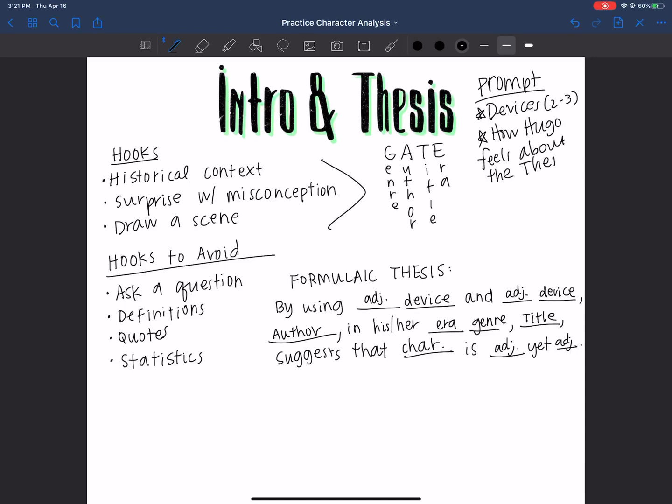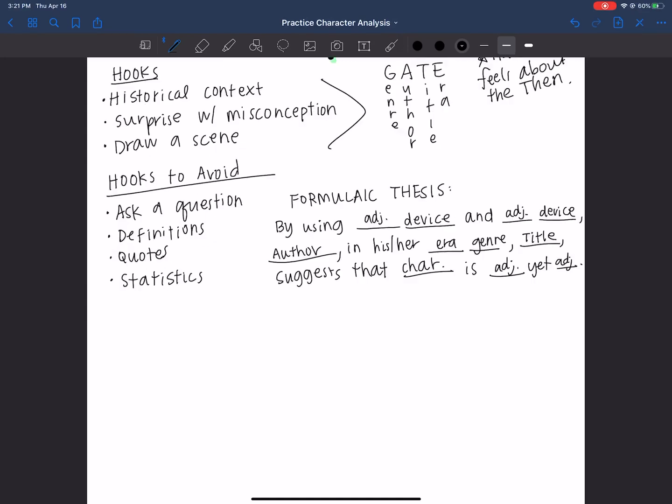And I'm just going to abbreviate this here. Okay, so very, very formulaic thesis. That is okay. I don't think that you have to stick to that though, so I am going to show you my introduction with thesis, and we'll go over where everything is and how everything is working together.